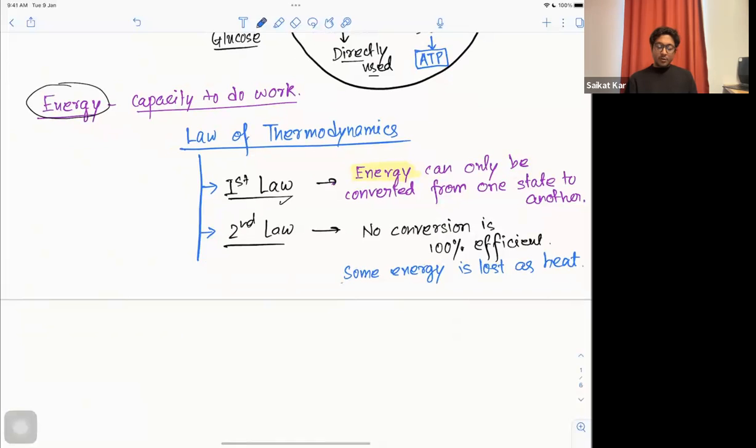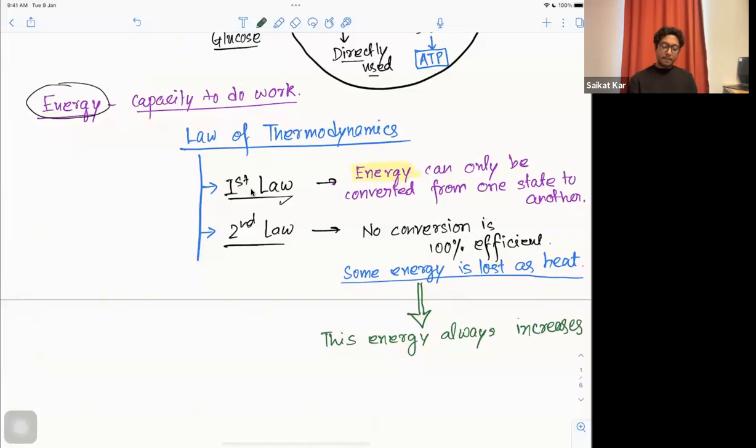And the amount of energy that is lost always increases the disorderliness of the system.